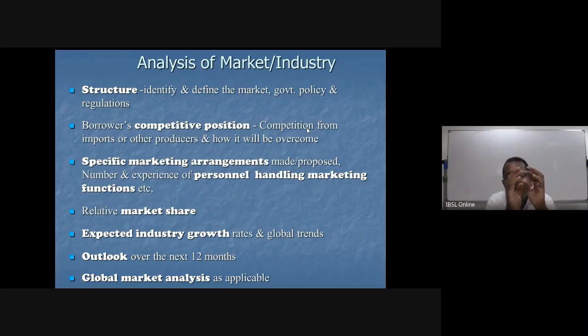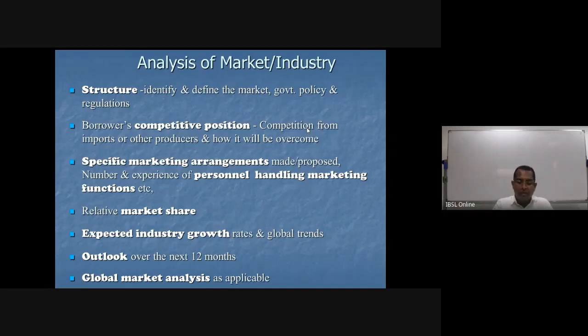Under this model, we are going to analyze the market structure, identify and define the market, government policies, regulations, competitive positions from imports. Is there any threat from the imports? Can you replace the imports? All those things. Specific marketing arrangements.